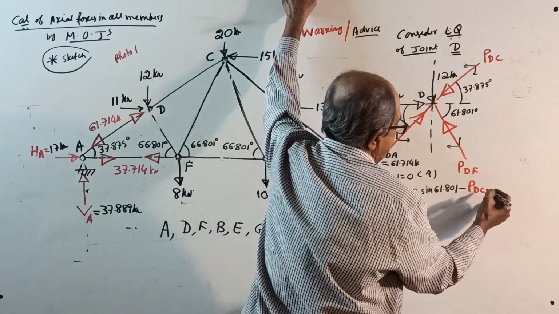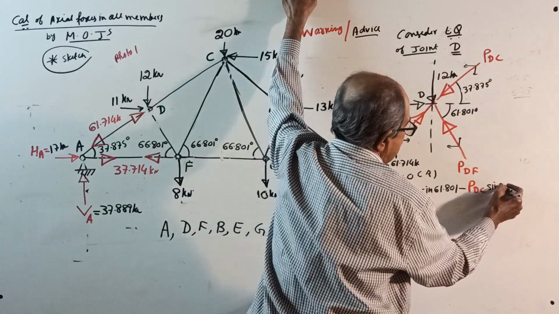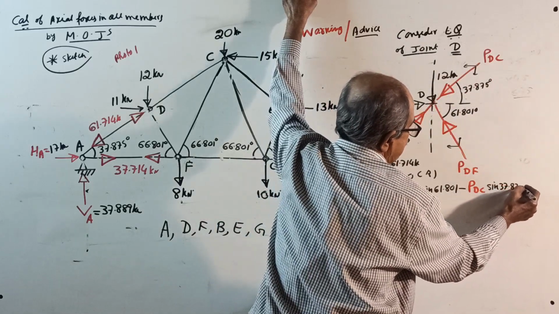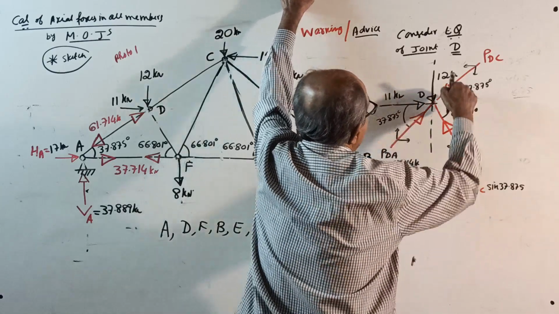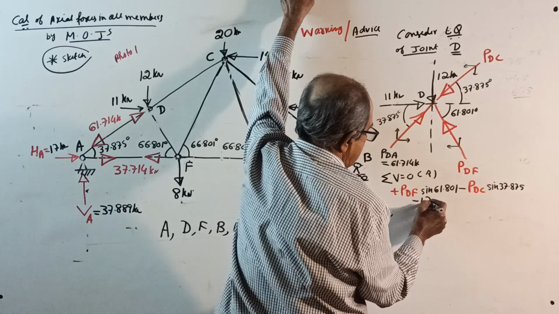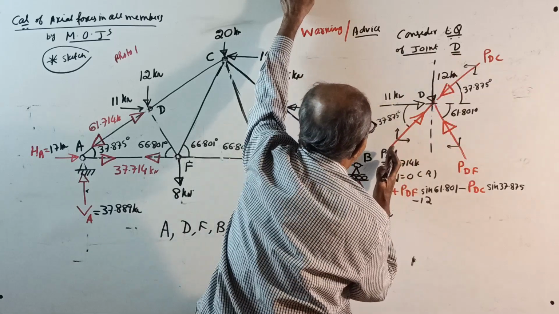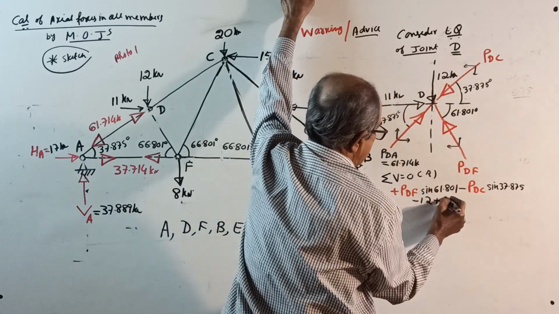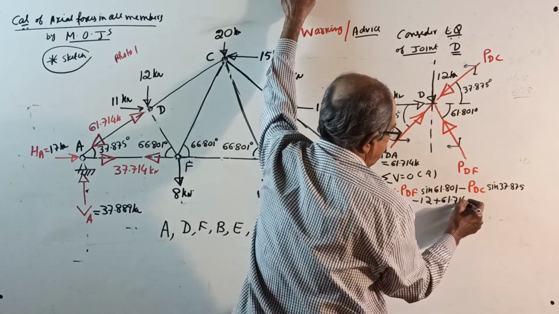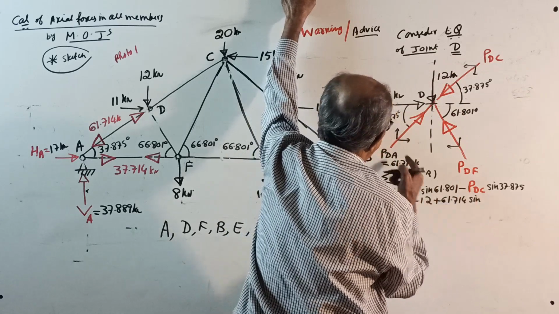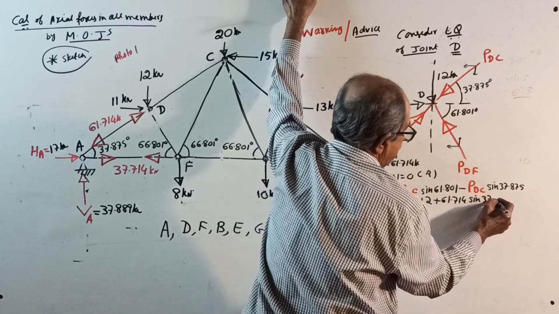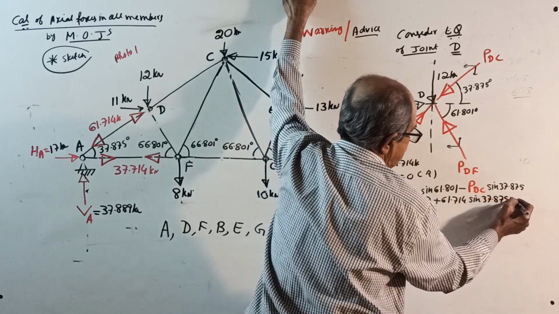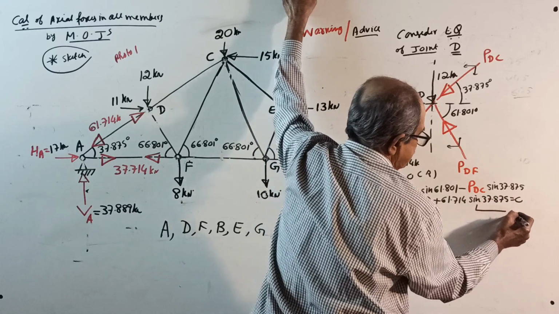Minus PDC sine 37.875. Then minus 12. Then plus 61.714 into sine of 37.875 equal to 0. Equation number 1.